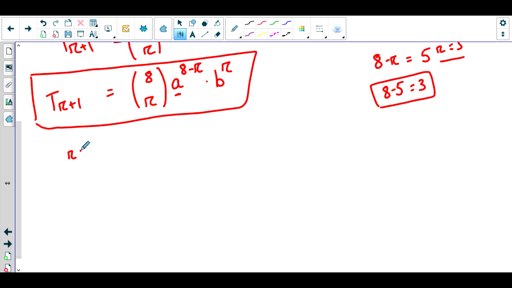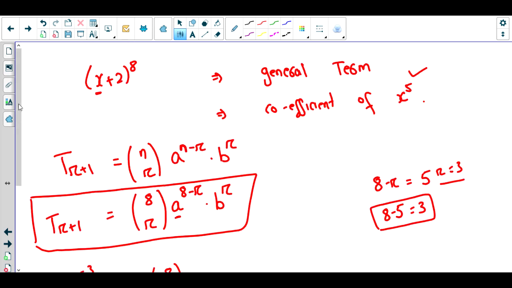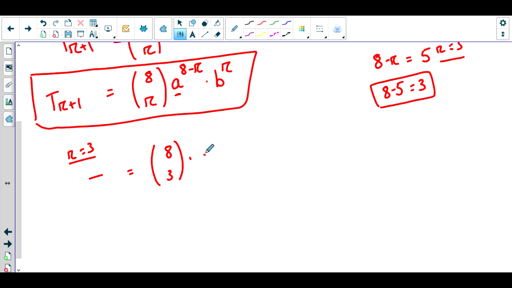Put r equals 3 here. What will be the answer when you solve it? 8 C 3 into a. A was x, so replace x here, x power 8 minus 3, which is 5, into b power r.